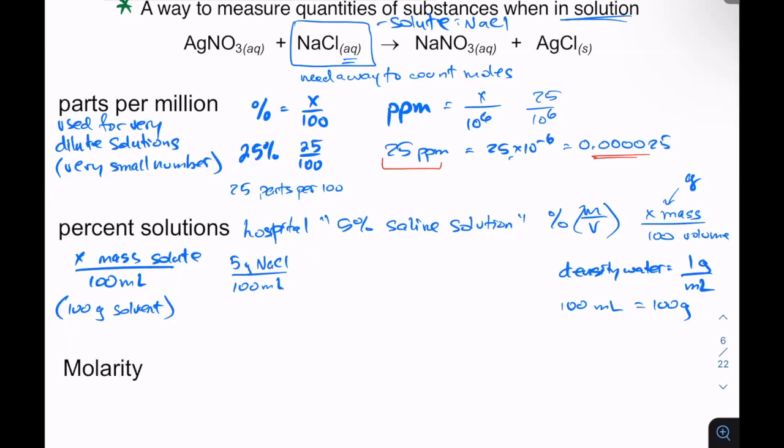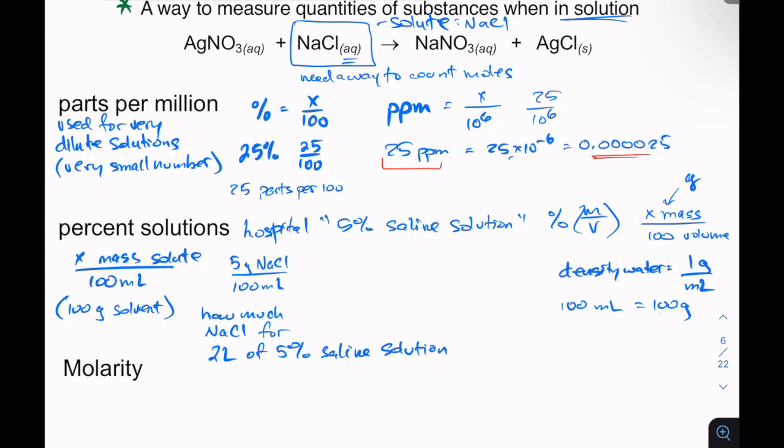So we could do some math with this. We can say, all right, how much sodium chloride do we need to make 2 liters of a 5% saline solution? Well, we know the math for what a 5% saline solution is.